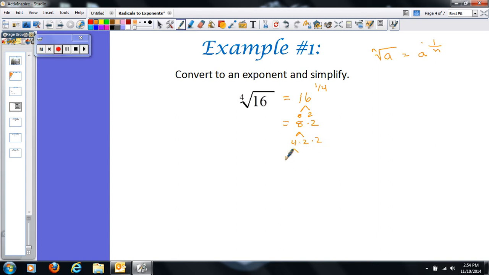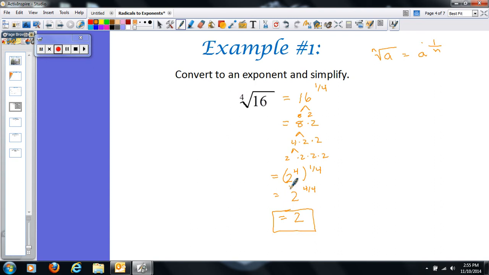And then the 4 would break into 2 times 2 times 2 times 2. So we'd have 4 2's here. So that's going to be the same thing as 2 to the 4th to the 1/4 power. Use our power to power rule. It says we multiply them. So that's going to be 2 to the 4 over 4, which is going to be just 2. So the 4th root of 16 is going to be 2.